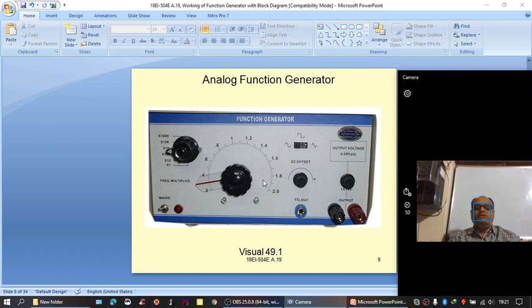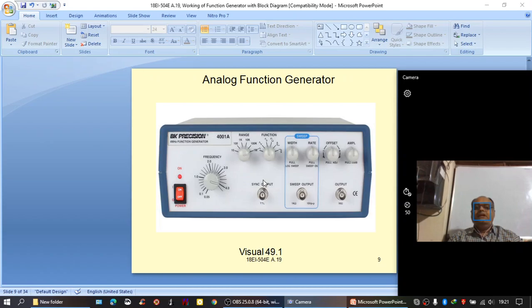This is one model. And another model here, you can see in this, the frequency is varied continuously from 0.05 to 4.0. The previous instrument, that is function generator, it was from 0.2 to 2.0.